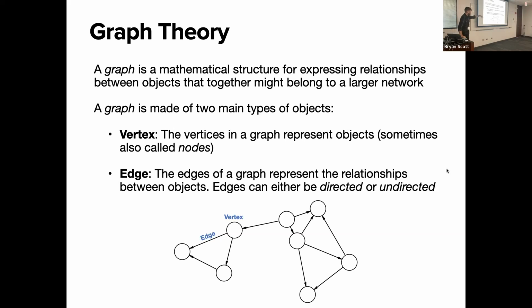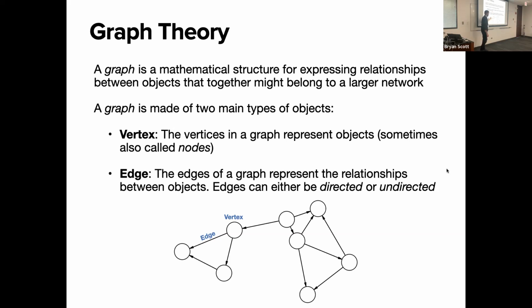And this thing down here, which is the graph, is made of two main types of things. One thing are the vertices. So a vertex or a node are these things, the open circles in my visual here. Those are the objects that you want to be able to visualize in some kind of network. The other type of thing that makes up this graph are the edges. These are the connections between the objects.